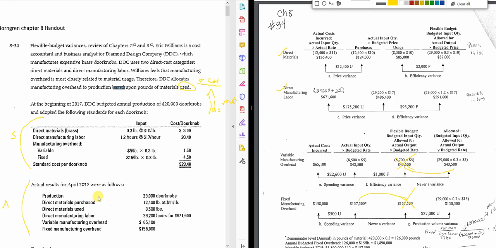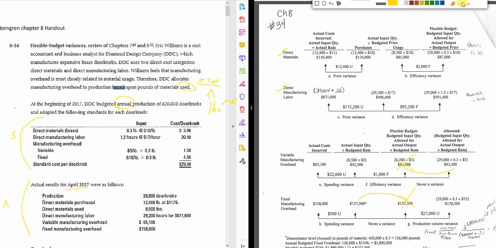One other thing I need to pay attention to is that this says annual production, and this says for April. So right now I'm anticipating an issue with maybe needing to convert some things from a monthly to a yearly basis. But I like starting with actual, so I'm going to start with actual.